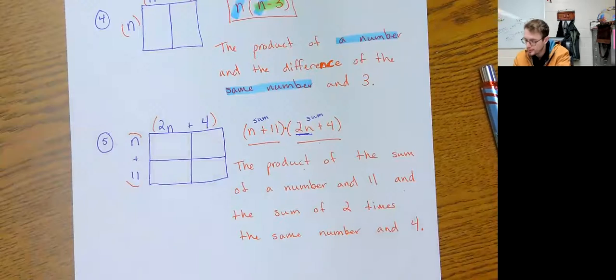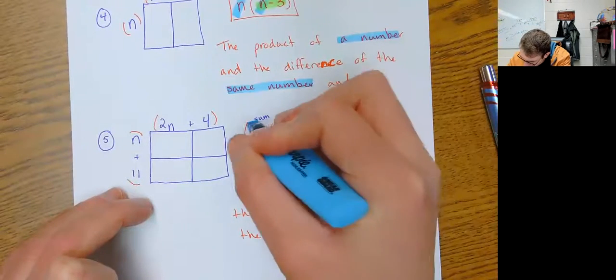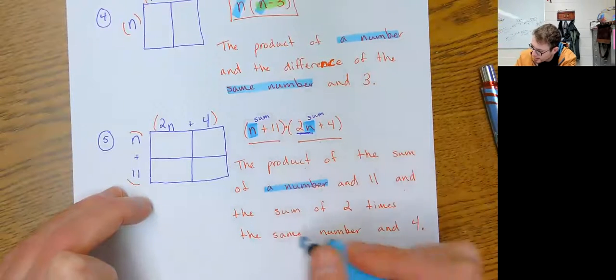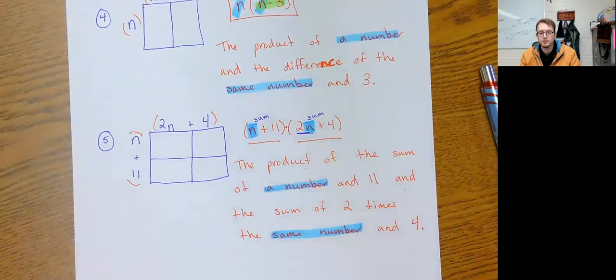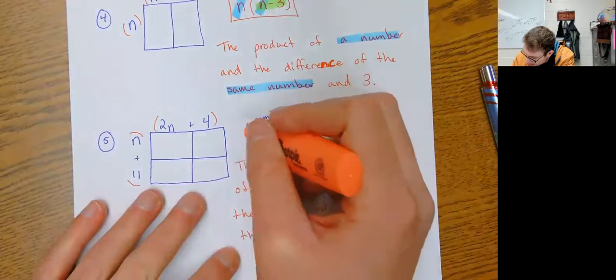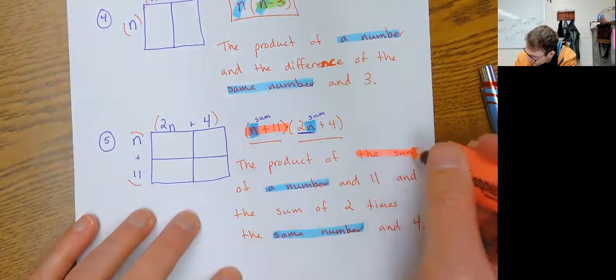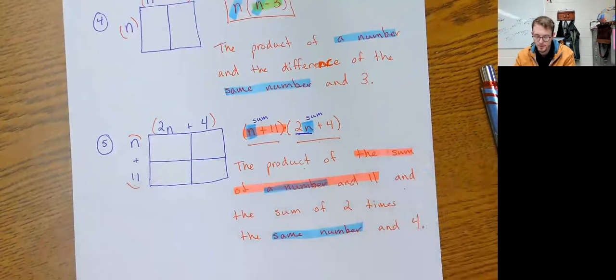So again, this n and this n are the same. So when I say a number, the next time I use it, I have to say the same number. All right. And here we have this sum, which is the sum of a number and 11.